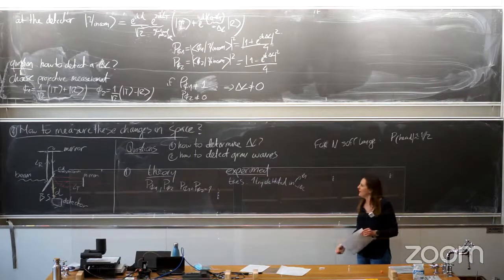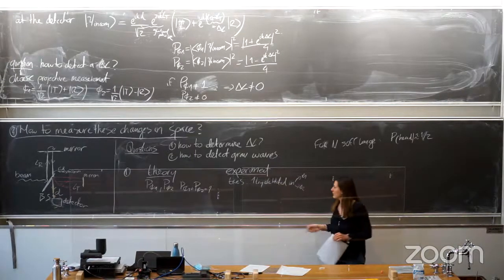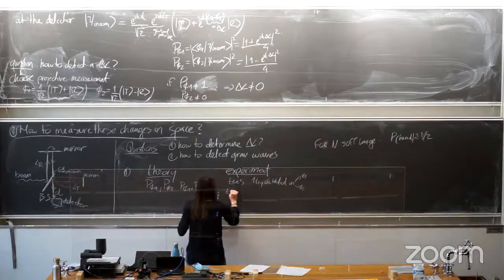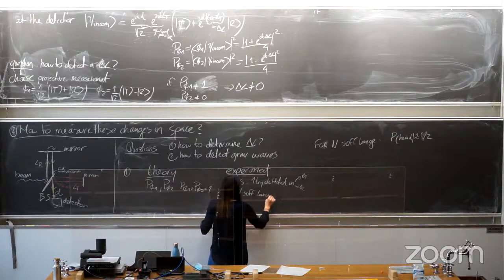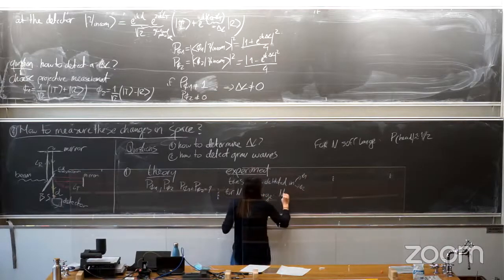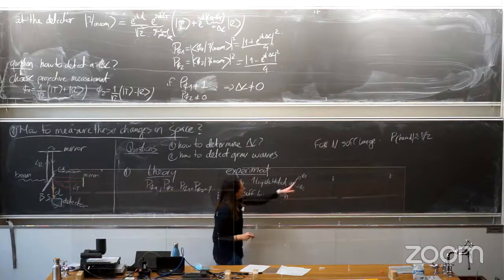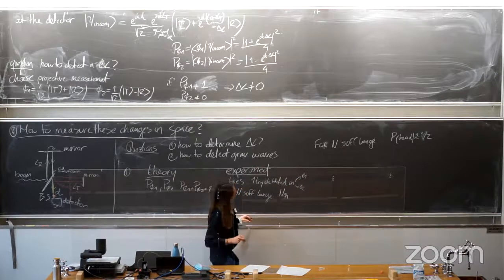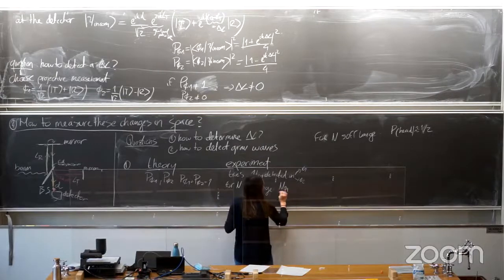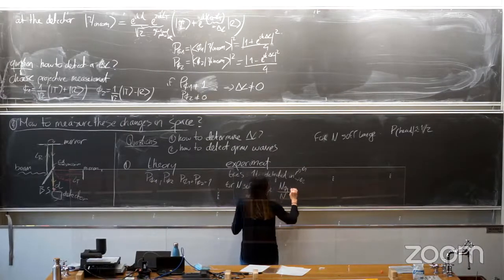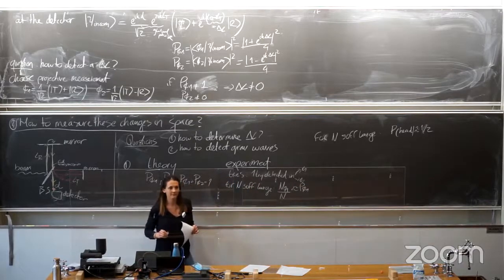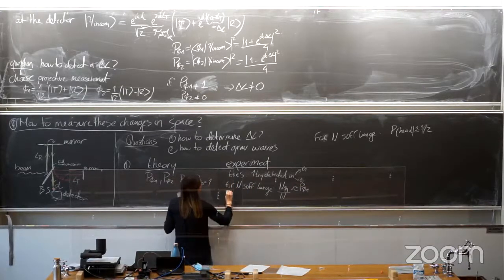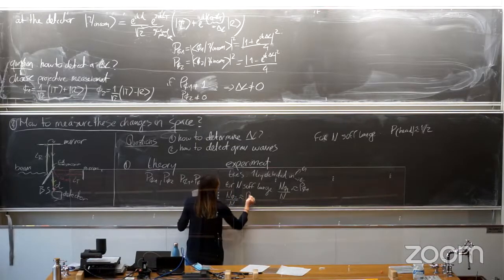Here we do exactly the same. For n sufficiently large, the number of times that we detect our state in psi1 divided by the total number is approximately p of psi1. And the same here, n of psi2 divided by n is approximately p of psi2.